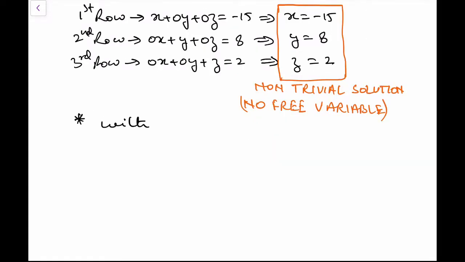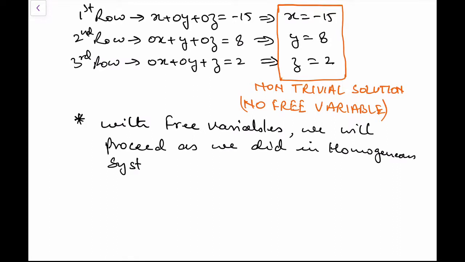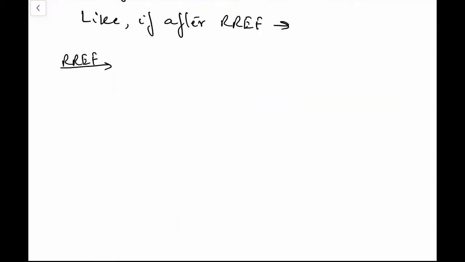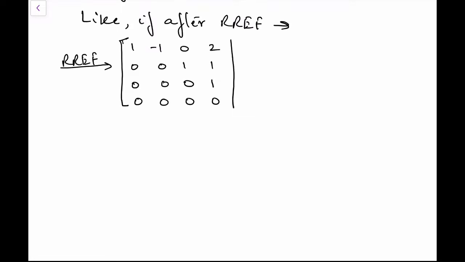So with free variables we will proceed as we did in the homogeneous system. Like if after RREF we have an augmented matrix in the form of 1 minus 1 0 2, 0 0 1 1, 0 0 0 1, 0 0 0 0 augmented by 1 1 2 0.